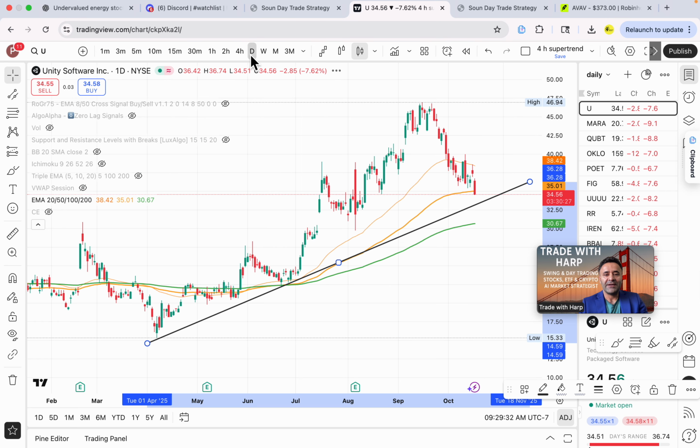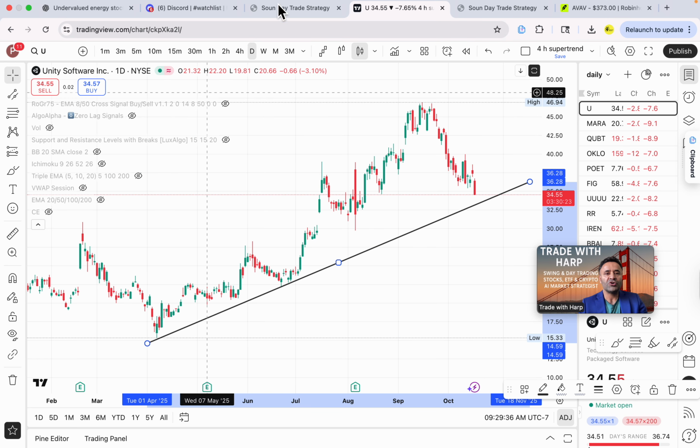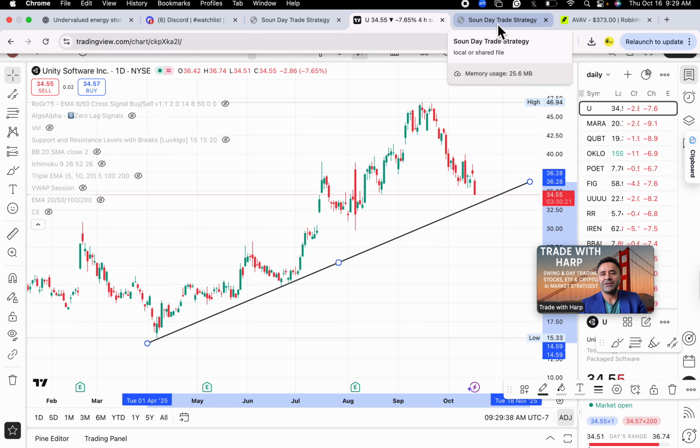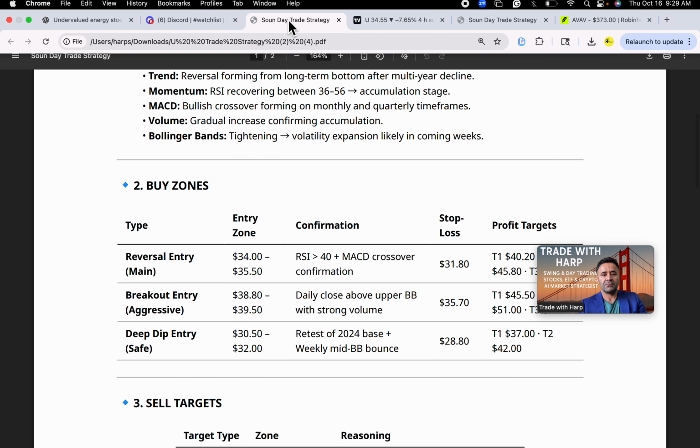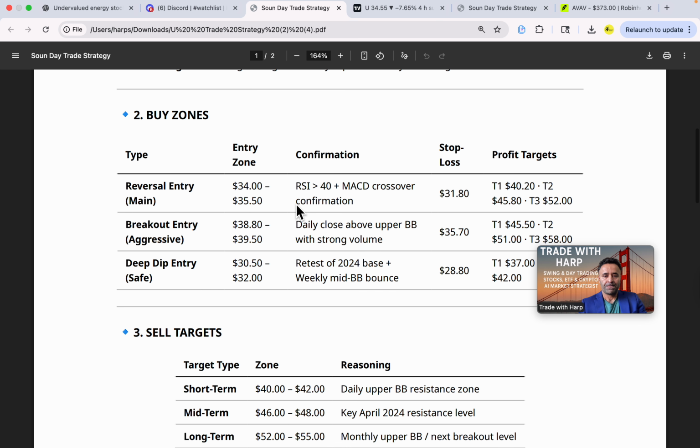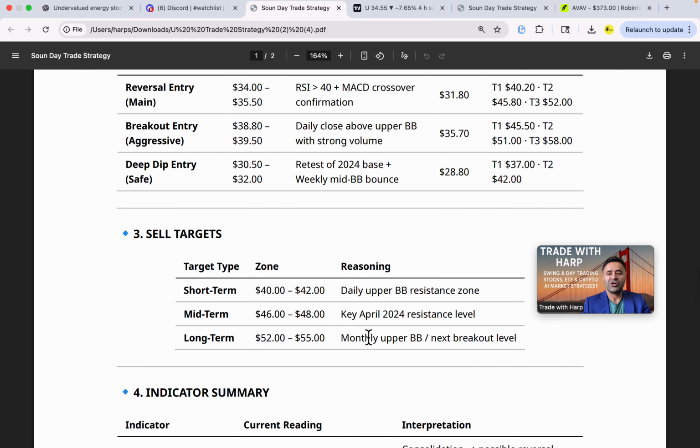So go back here, and now I turn off this one and show you my swing strategy: 34, RSI over 40, MACD crossover confirmations, breakdown, and these are the targets I aim to achieve according to price action, from 1 to 3 months.